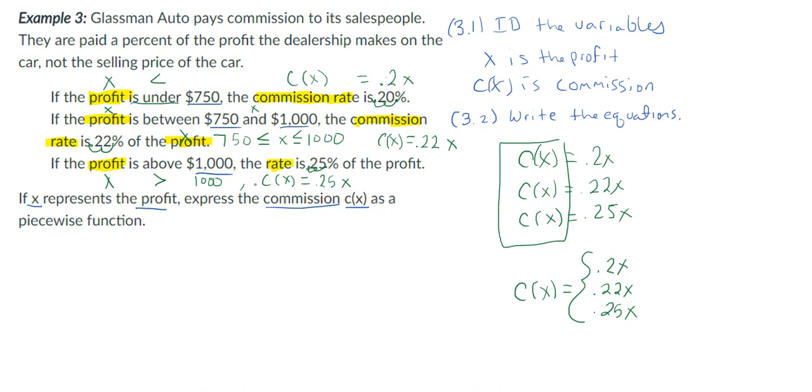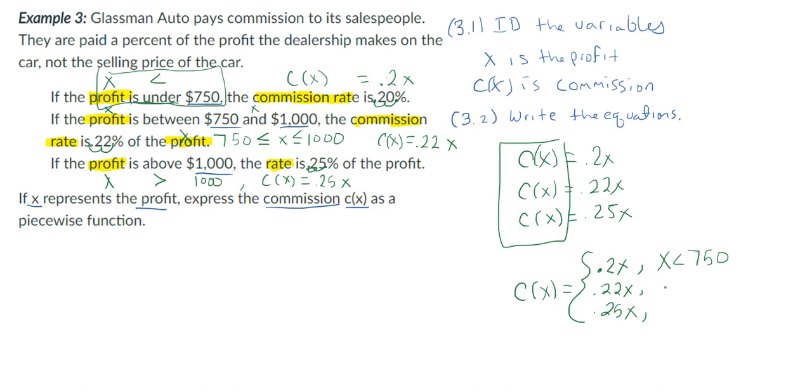Now you're wondering, why did I write these inequalities over here? It's because they are part of a piecewise function. So after each equation, I need to put the inequality. This first one is x is less than 750. So anytime my profit is less than 750, I'm going to multiply the profit times 0.2, which is 20%.